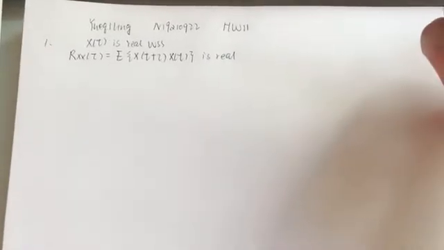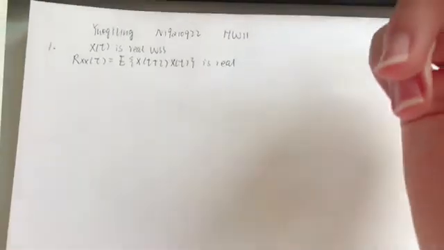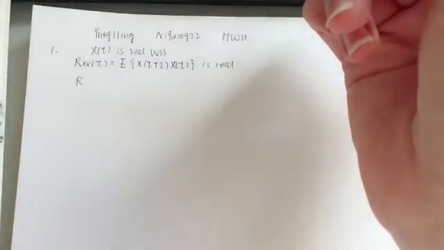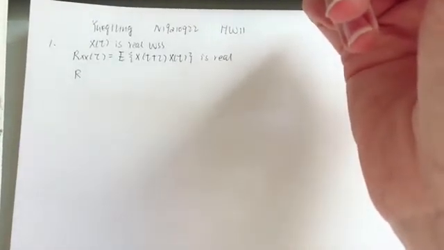To prove that Rxx of tau is an even function, we need to show Rxx of tau equals Rxx of minus tau. You can figure it out through this process.